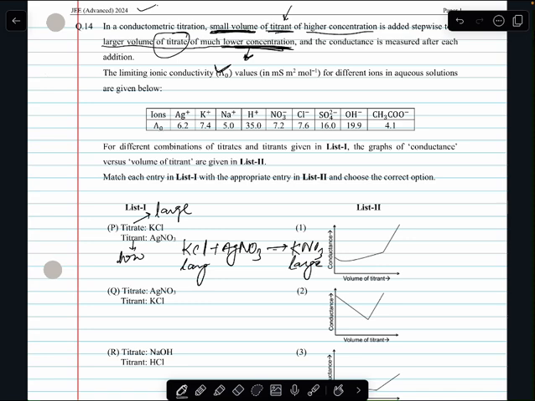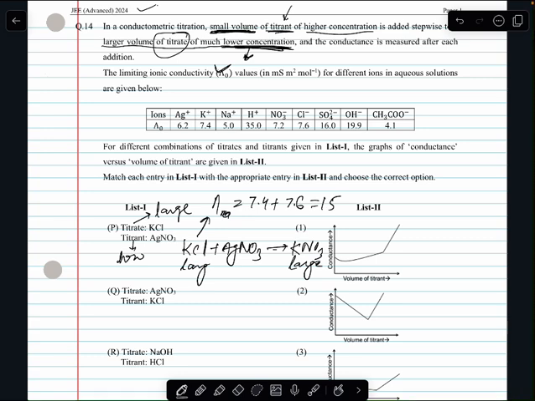Now if I look at the conductivity of KCl, lambda naught of KCl will be equal to 7.4 plus 7.6. Cl minus is 7.6 and K plus is 7.4, so this will become 15.